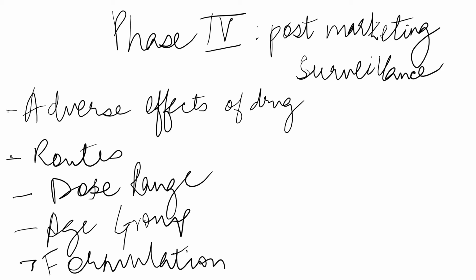It tries to find out what could be the long-term adverse effects, any kind of adverse reactions, and what could be the routes of administration, by which route you will give it, oral or IV, whether it is suitable or not, and in what dose range you are going to give, and whether it is effective or not, and in which age group, pediatric or adult or older geriatric age group, and in what formulation you are going to give, orally in the form of tablets, or in the form of injections or liquids or capsules.